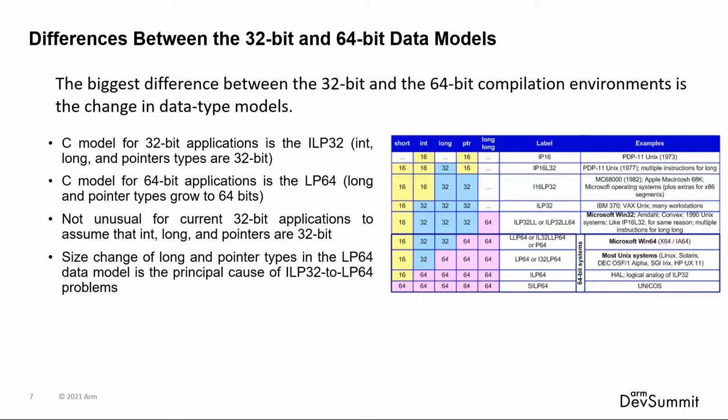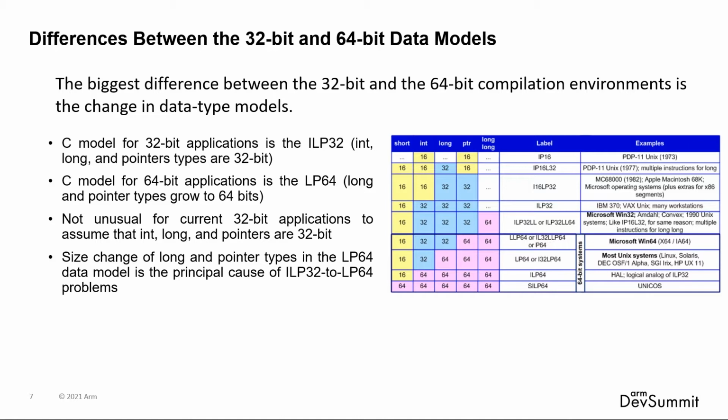This graphic gives an overview of different data models and how they treat different data types and objects in your code. The letters represent the different data types, where I is an integer, L is a long integer, LL is a long long integer, P is a pointer. And just for completeness, S represents a short integer and only shows up once.